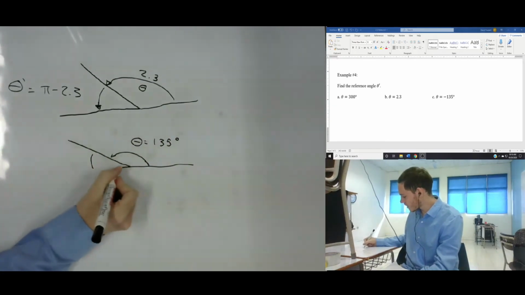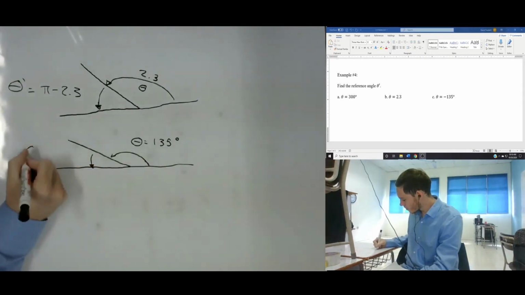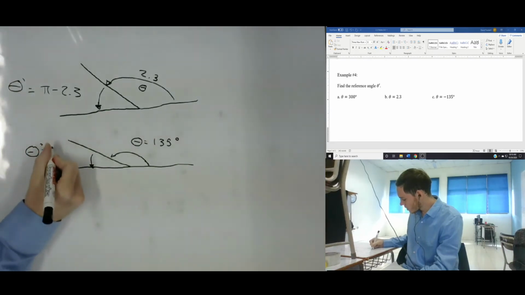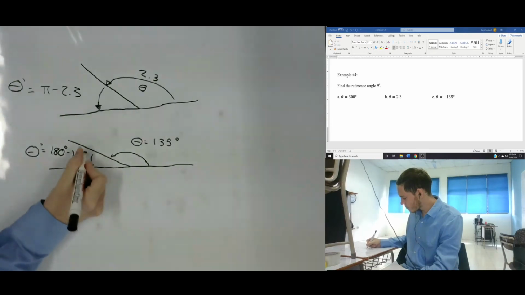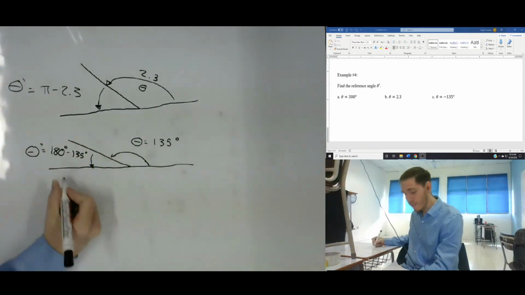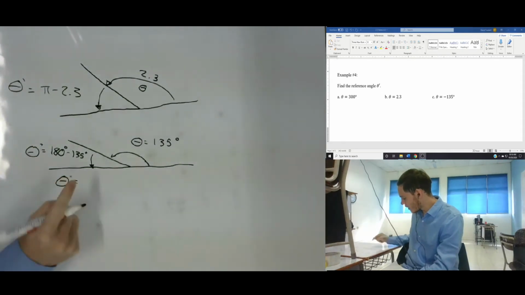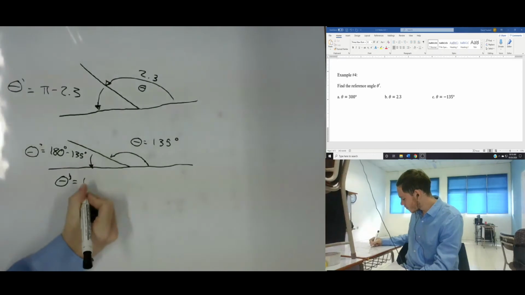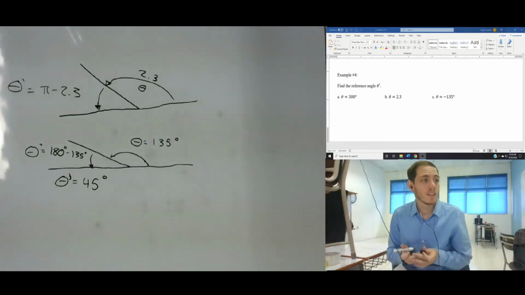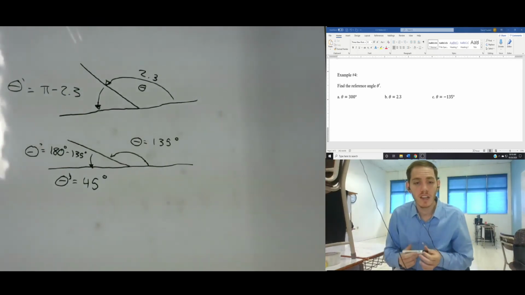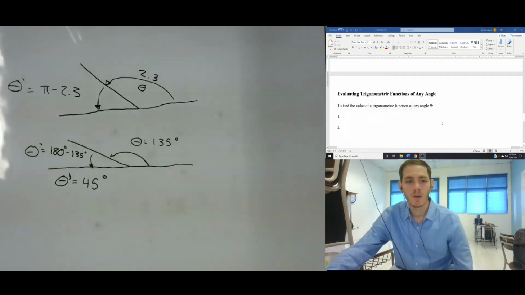We're looking at the angle right here, which is going to be theta prime, which is going to equal 180 minus 135. 180 minus 135 is 45 degrees. So theta prime equals 45 degrees. Okay? So again, we're using the horizontal axis for our reference angle. Okay, let's keep going.